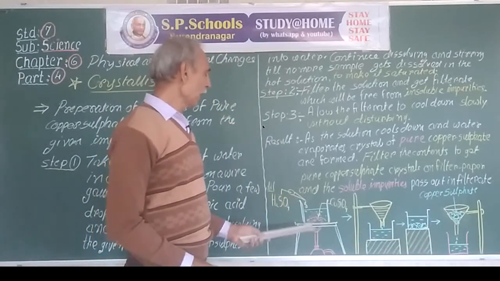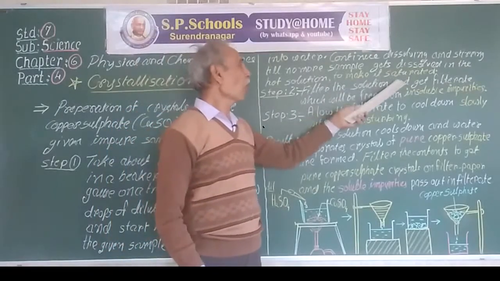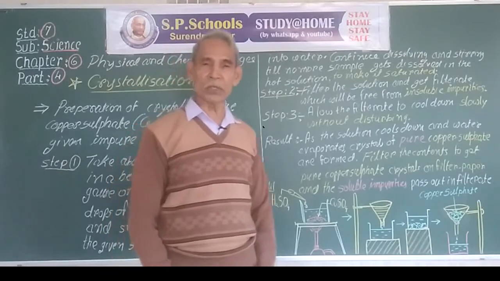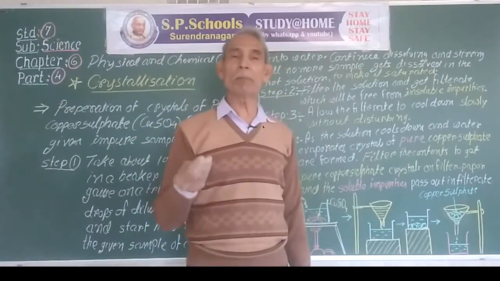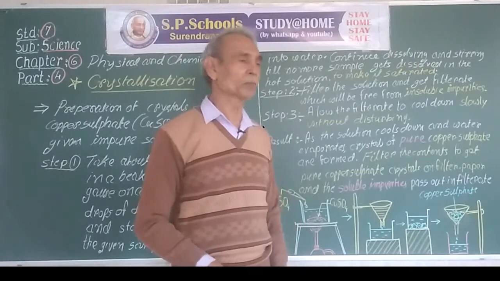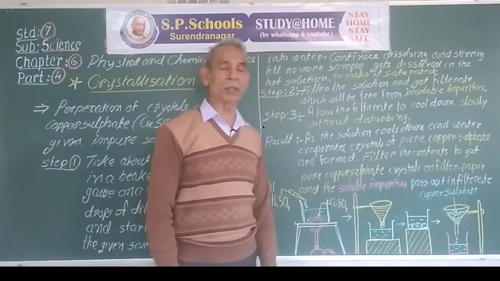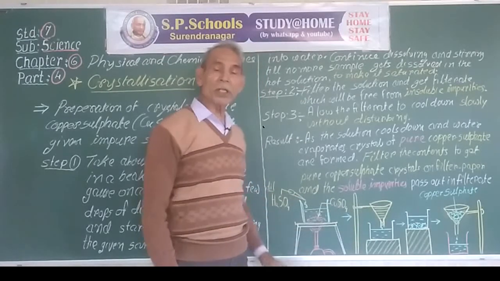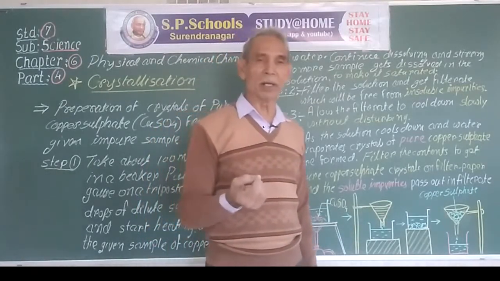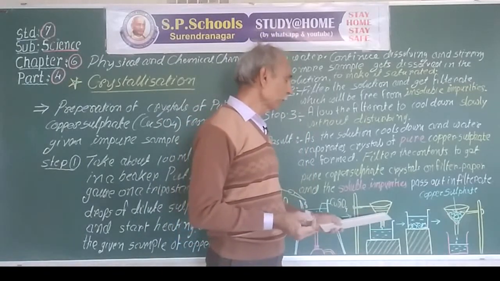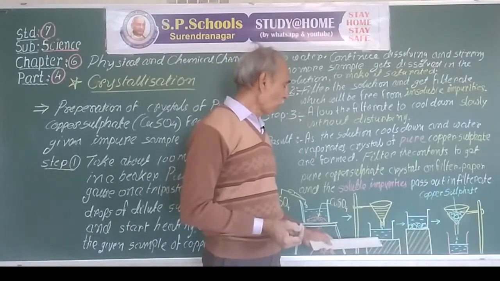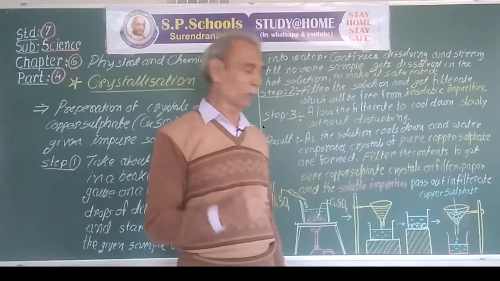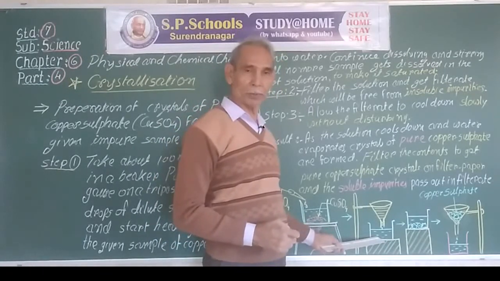Now, getting a hot saturated solution of copper sulfate in which soluble and insoluble impurities may be present, filter this solution. So, the impurities which are insoluble will remain on the filter paper, and the hot solution of copper sulfate, which is in a saturated state, is filtered out.